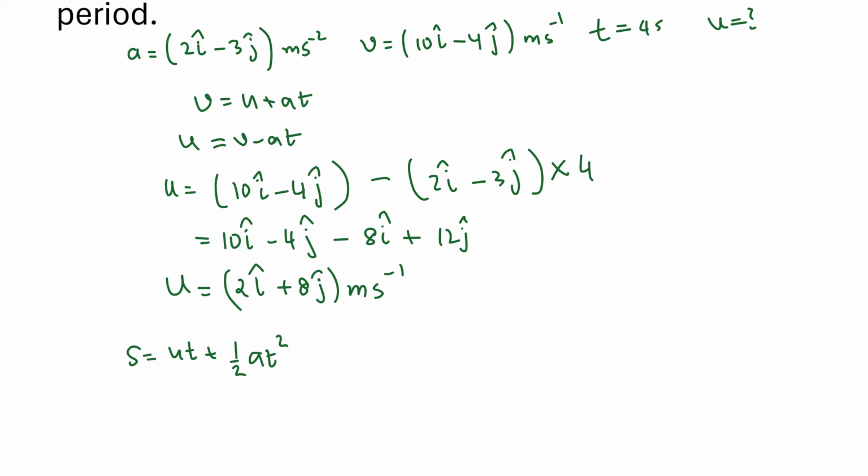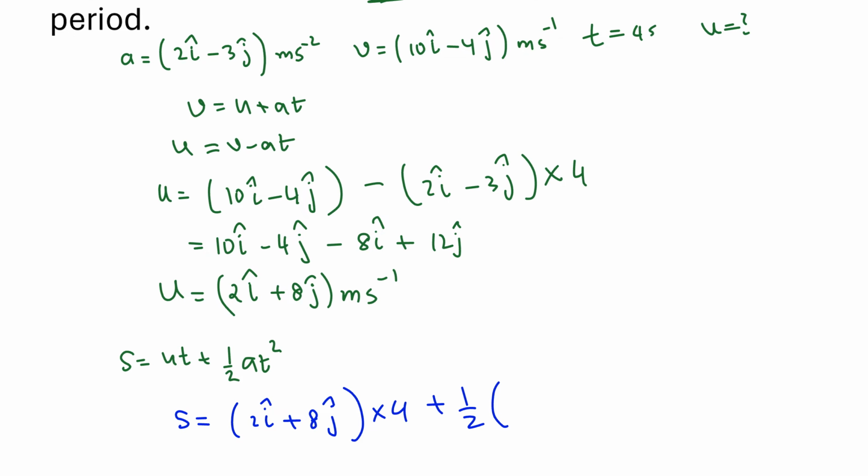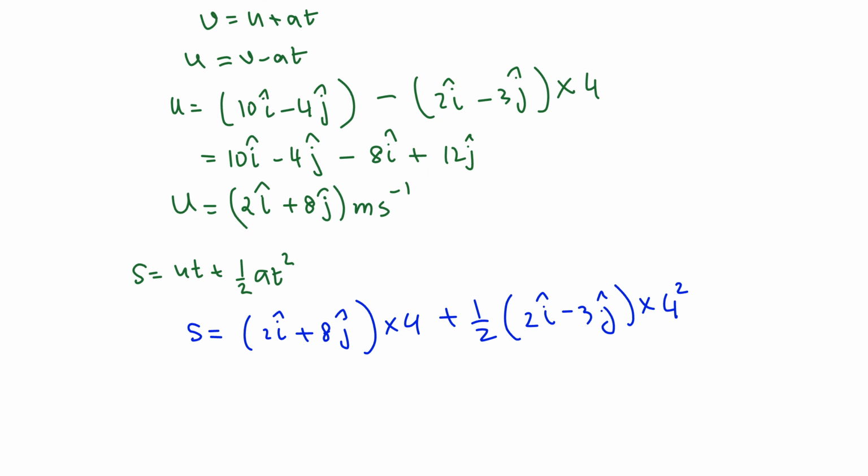So S is equal to ut, u I just found out, 2i plus 8j multiplied by the time, that's 4, plus half times a, which is 2i minus 3j, multiplied by 4 square, it's t square.